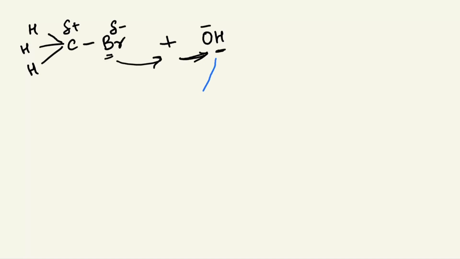It says, okay, let me try and go and make friends with carbon, instead of approaching from the front. That means it's more of a backdoor entry approach that OH negative, the nucleophile, applies.